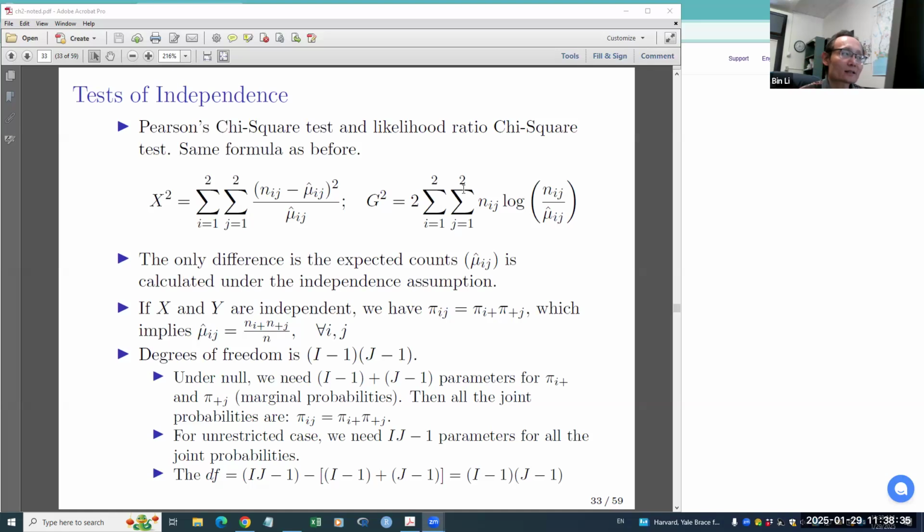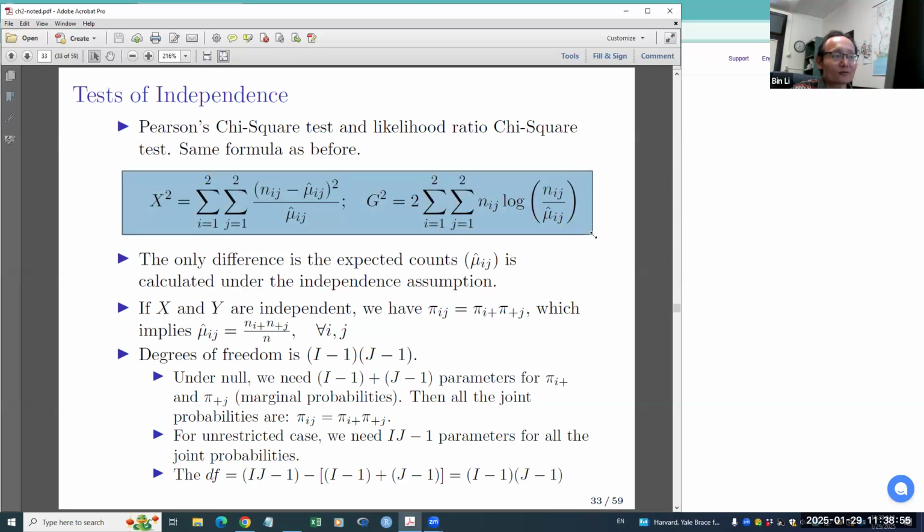So for testing the independence between two categorical variables, we can use the Pearson's chi-square test, and also we can use the likelihood ratio chi-square test.